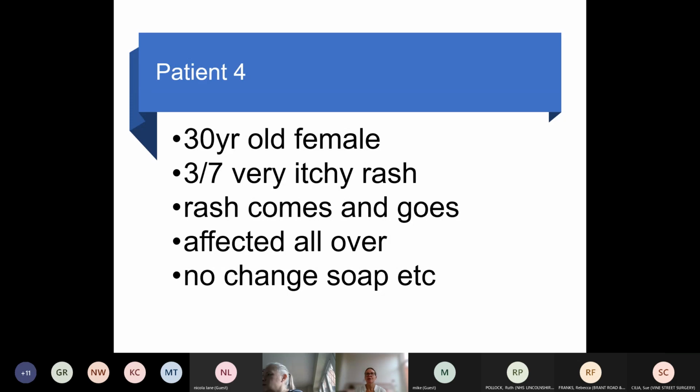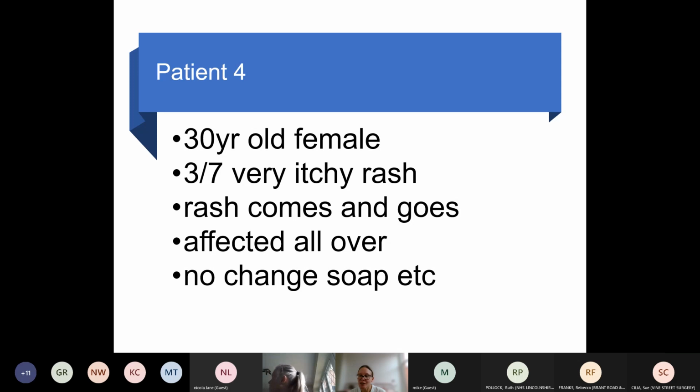Any known allergies? Yes, she's well, but fed up with all the itching and not known to be allergic to anything. Pregnancy? No, she's not pregnant. She's feeling well? Yeah. Is she taking any medication? No medication, just a fit and healthy 30-year-old suddenly affected with this rash.